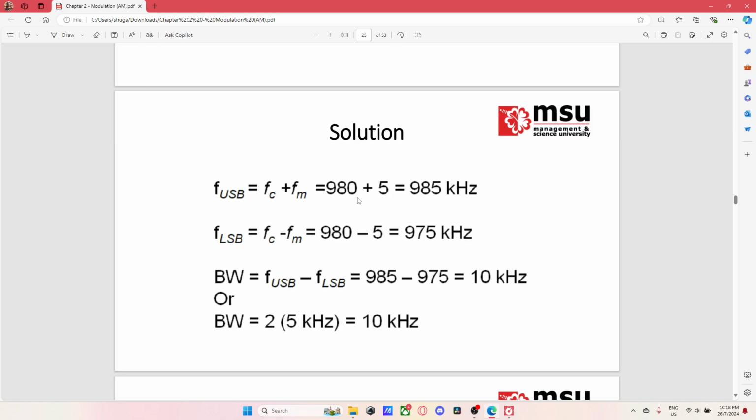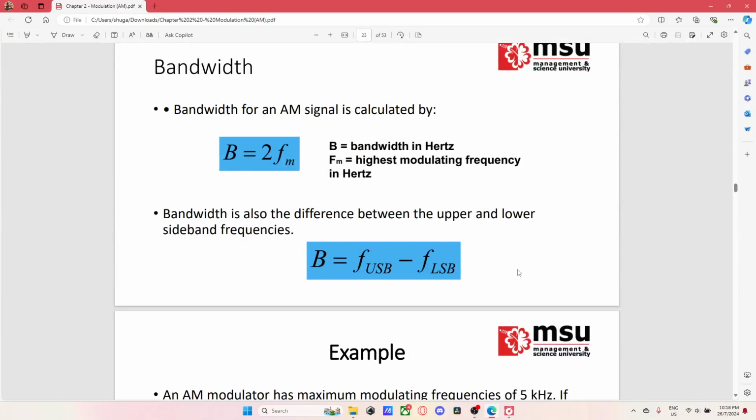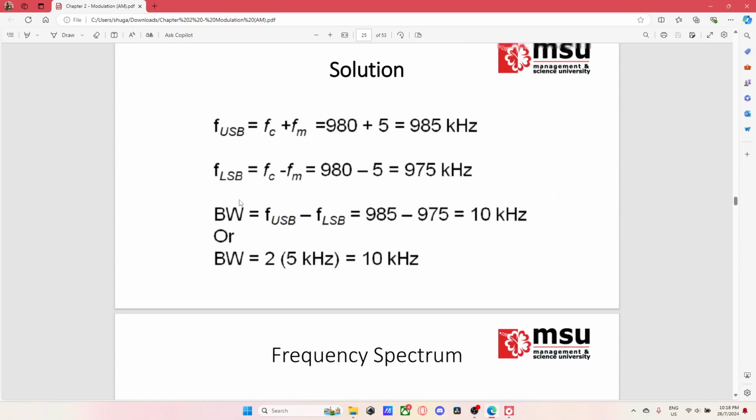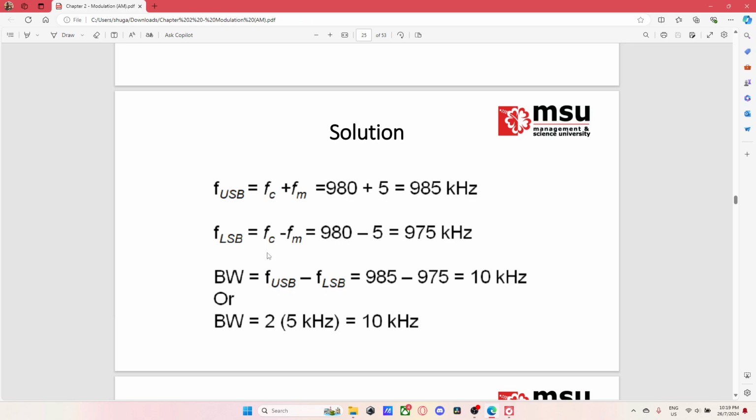How about the bandwidth? Following this equation, there are two ways to find the bandwidth, which is B equal to 2FM and B equal to FUSB minus FLSB. Here, we have already found FUSB and FLSB, so we just subtract those two values. Don't forget, the upper sideband must be the positive value while minusing the FLSB. 985 minus 975 is equal to 10 kilohertz.